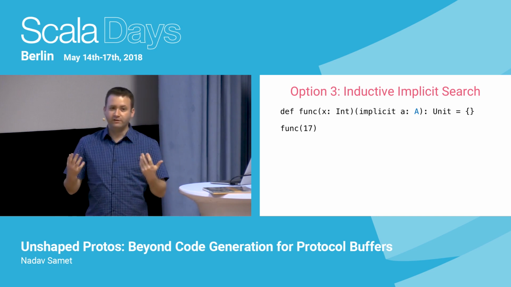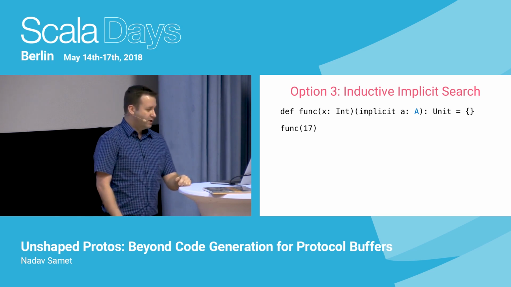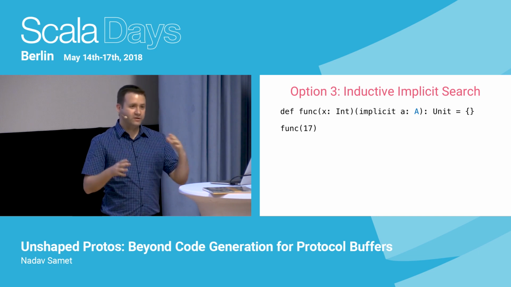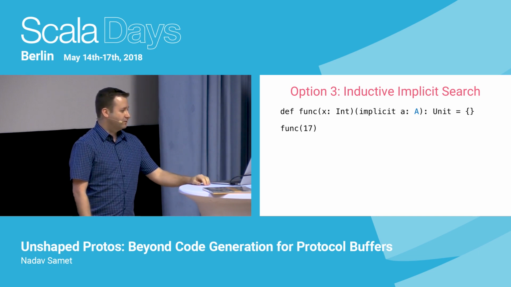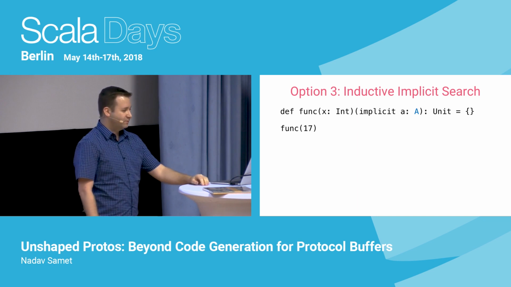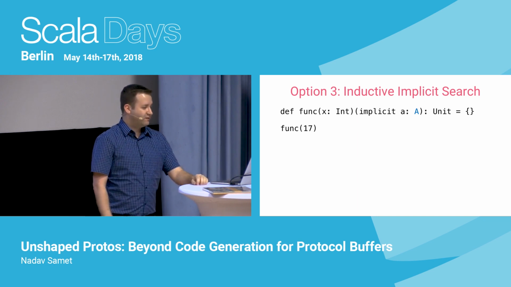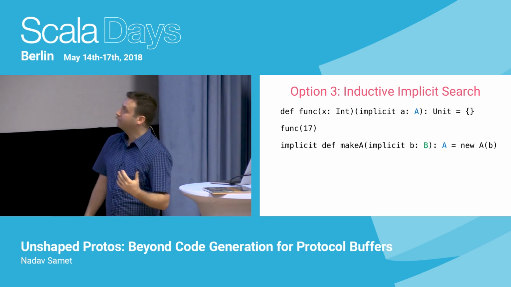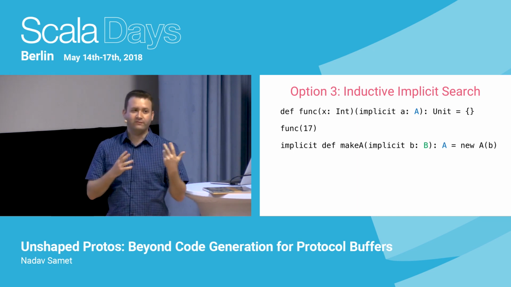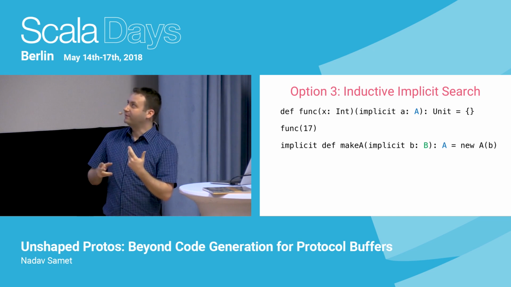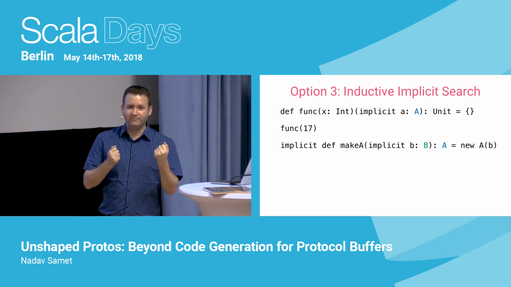This triggers an implicit search at compile time. The compiler has rules about where to search for implicits, and it will search certain places for something that can give it this A. It might find this function makeA that returns an A, so it's a candidate for this implicit search. But this function wants a B.